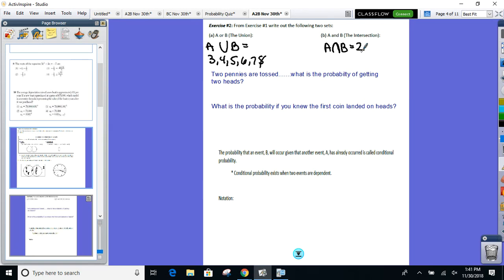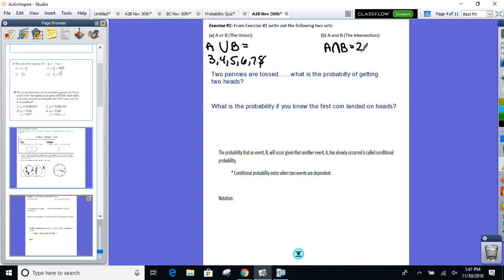Okay, relax for a second, because this part's not on here. You're going to flip 2 coins. What's the probability I get heads on both? So I flip 2 coins.